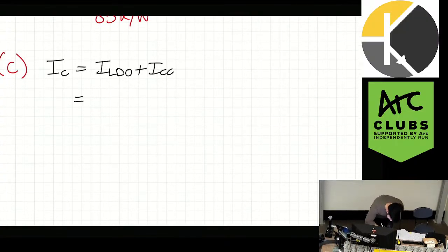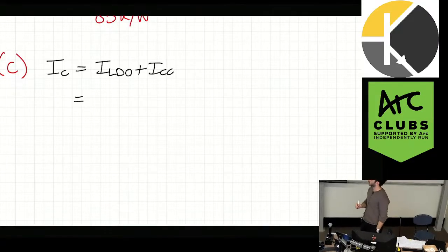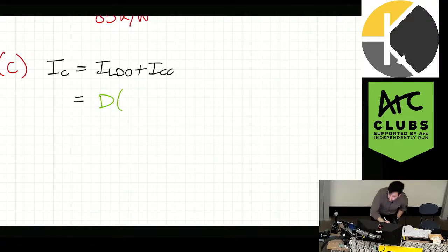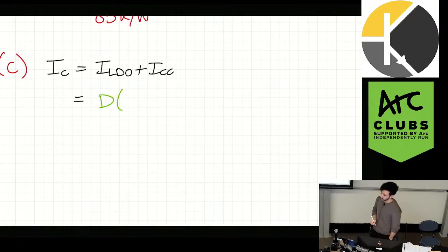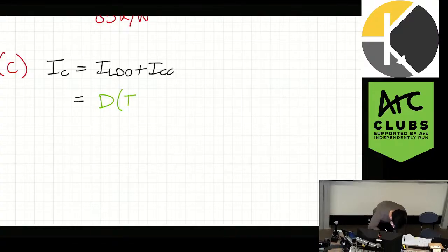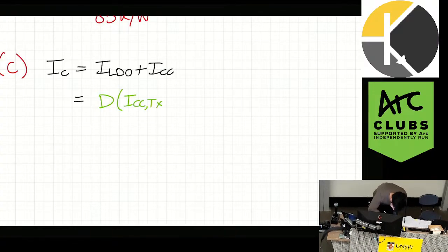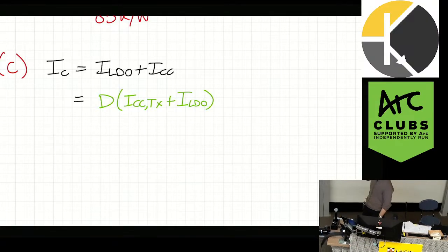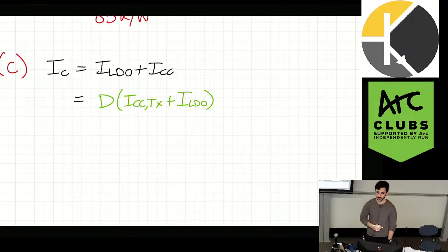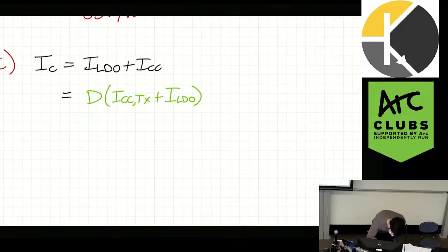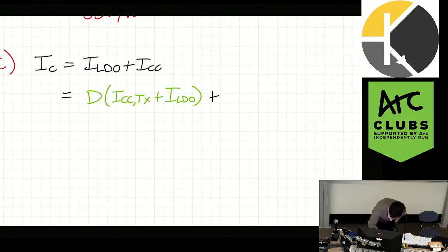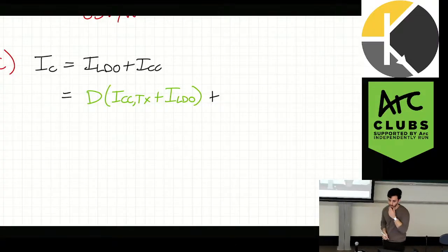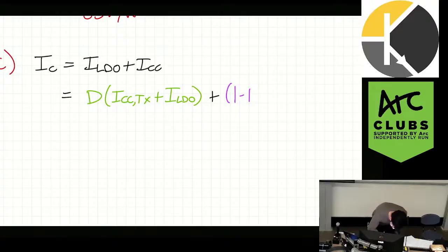And we know that this is going to be split between 2 cycles, right? The first cycle being when the power amplifier is on. So that's ICC TX plus ILDO, because remember, the LDO is always drawing current no matter what, right? And then plus, what's the next case? 1 minus D when it's off.